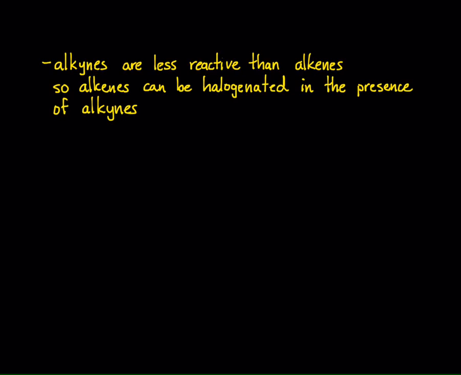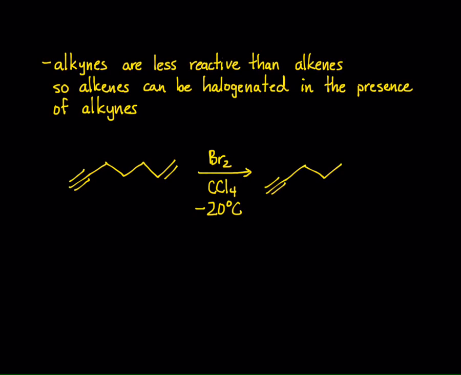For example, if I take this particular structure, an ene-yne, I have an alkene and an alkyne present, and if I react it with one equivalent of bromine in carbon tet, keeping the temperature low, I can halogenate the alkene, getting a vicinal dihalide, without touching the alkyne.